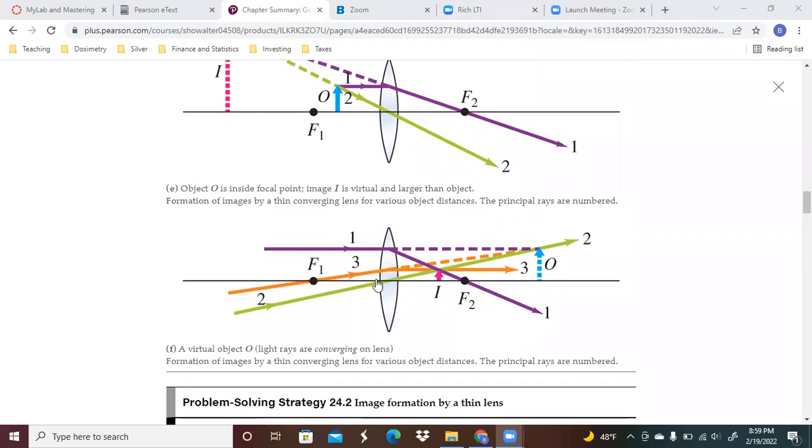So finally, over here, if you have an image that's on this side of the lens, but you still have the rays coming through here, you can see where it comes through here, it goes to the focal point. You've got your image there. You got number 2, which kind of cuts straight through the middle of the lens. And then you've got number 3 here, which goes through the focal point.